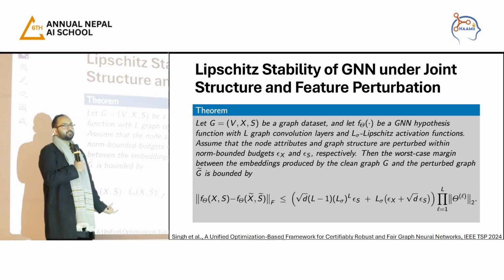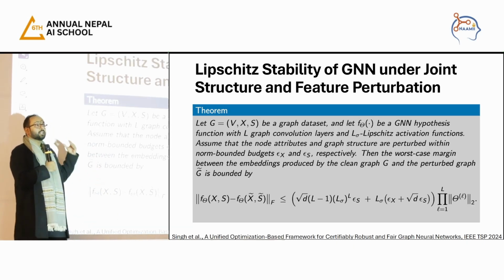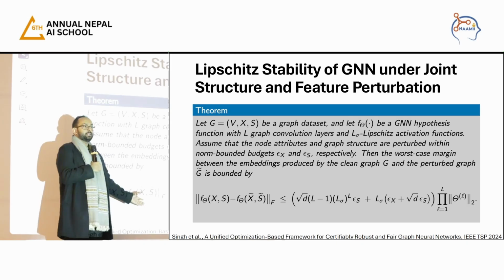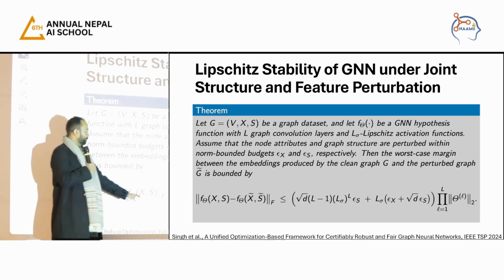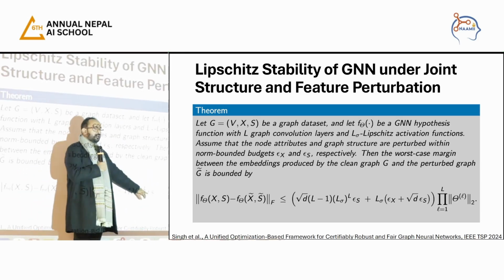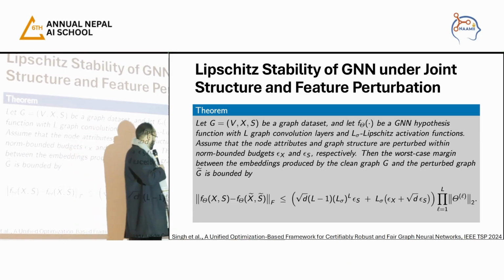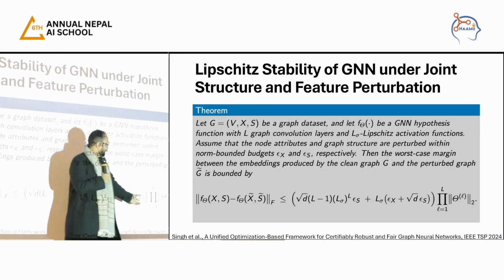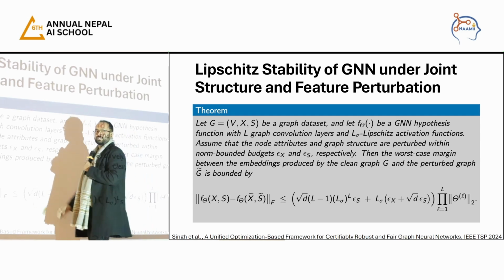This is the clean embedding, and this is the noisy embedding. The distance between the clean embedding and noisy embedding would be upper bounded by some constants. These constants depend on the budget of noise for the adjacency matrix, the budget of noise for the feature matrix, times the product norm. Okay. This product norm is also well studied.